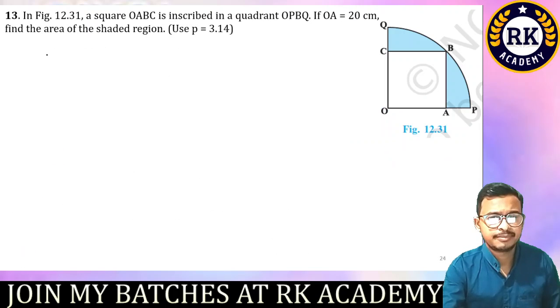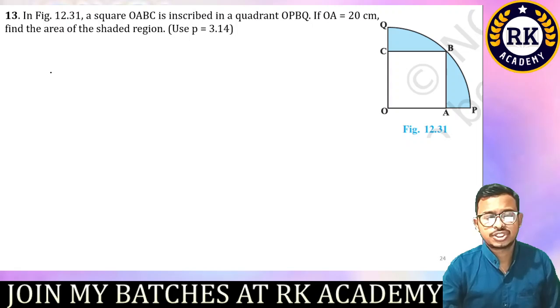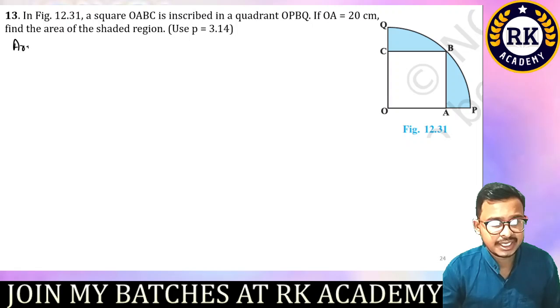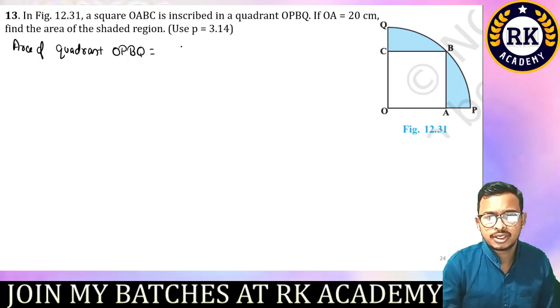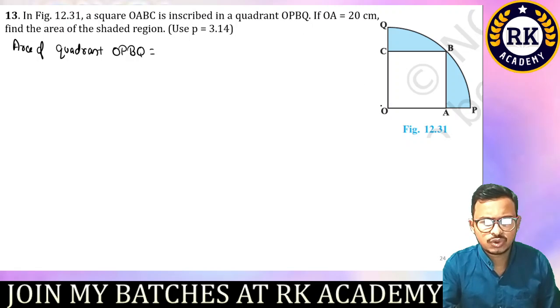So it's similar. Can you read this question again? A similar question: area of the shaded region. So for the area of the shaded region, your step 1 is the area of quadrant OPBQ. So can you find the area of quadrant OPBQ? Can you see, OPBQ is a quadrant. So I'll write theta upon 360 into pi r square.